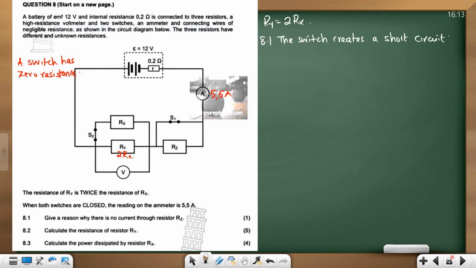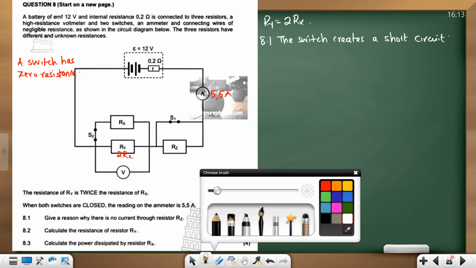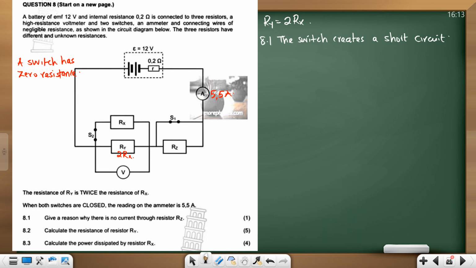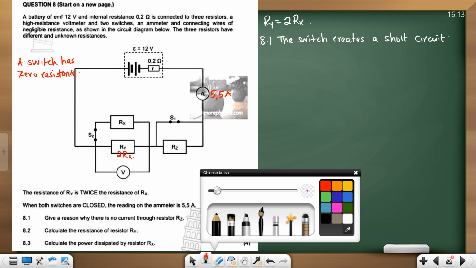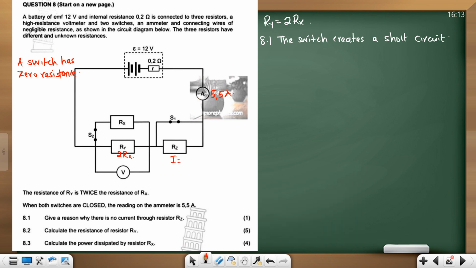All right, I hope we're good. Now, calculate the resistance of Ry. Let's see, what can we talk about here? Let us combine. So, guys, Rx is not working. All right? I is equal to what? 0. I there is equal to 0.